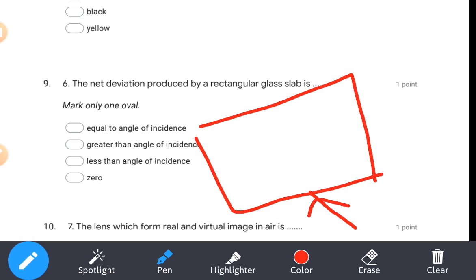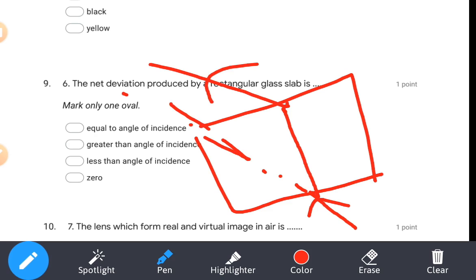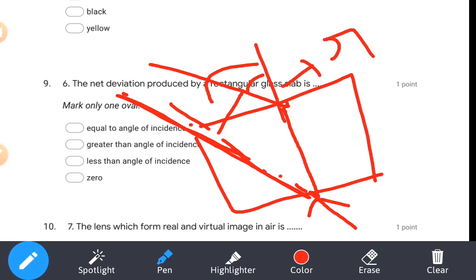Air to glass means it bends towards the normal. And after that, glass to air, again it bends away. If you extend these two rays, we can observe that these two rays look parallel to each other. This is called our refracted ray, or angle of emergence. This is called our incident ray.